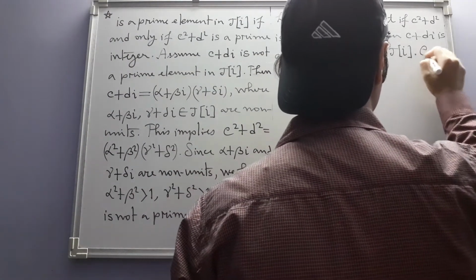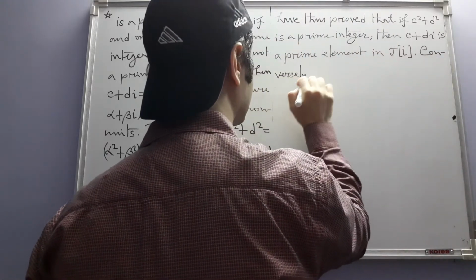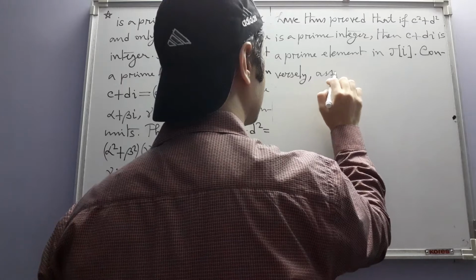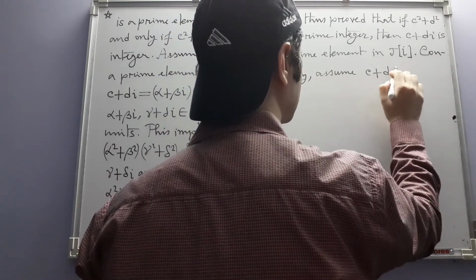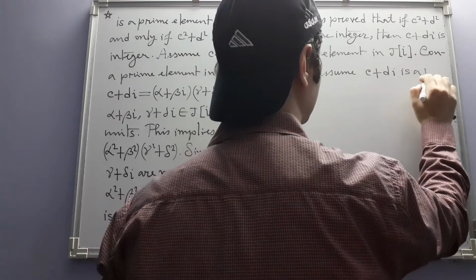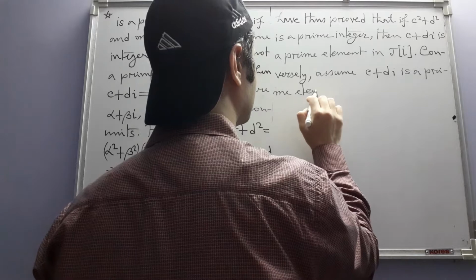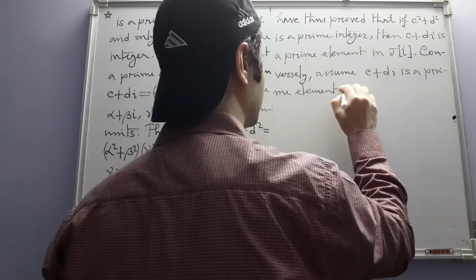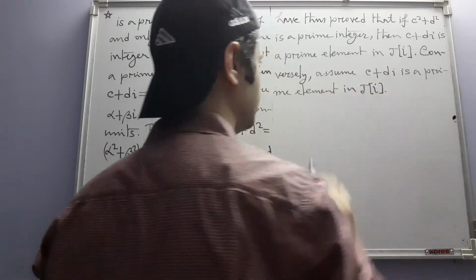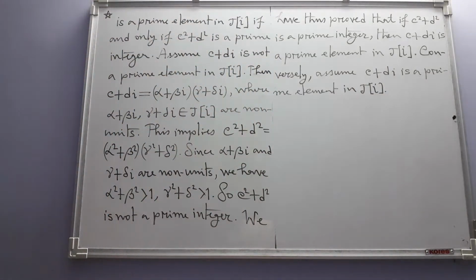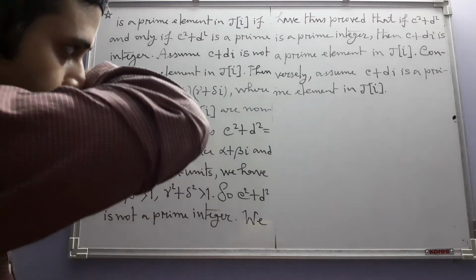So conversely, assume C plus di is a prime element in Ji, and we have to prove that C square plus D square is a prime integer.